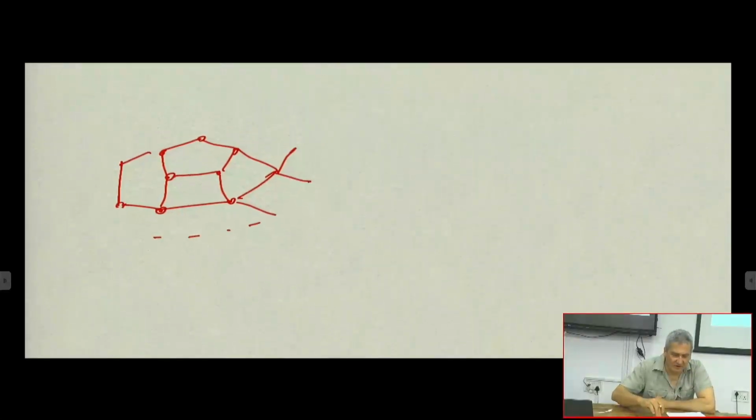Then, okay, what about triangle-free graphs? Like one can say, what about triangle-free graphs? Do we really need 4 colors? Or can we do it with fewer colors? What about triangle-free graphs? Does anybody know?